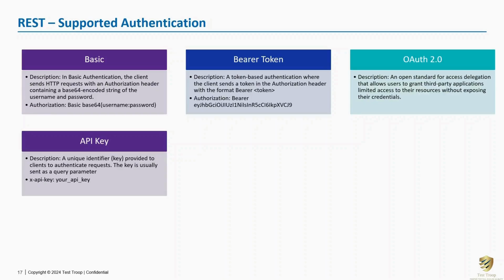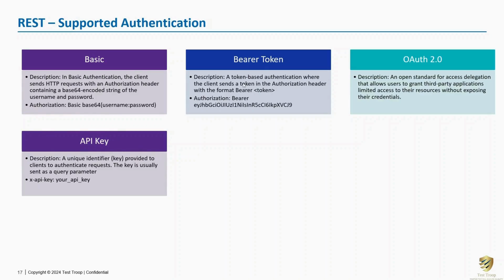Supported authentication, I have listed only a few of them. There are more authentication types that are supported by REST. In the basic one, while sending a request, the client sends username and password. This username and password is sent in base64 format to the server as part of the header with the key called authorization.